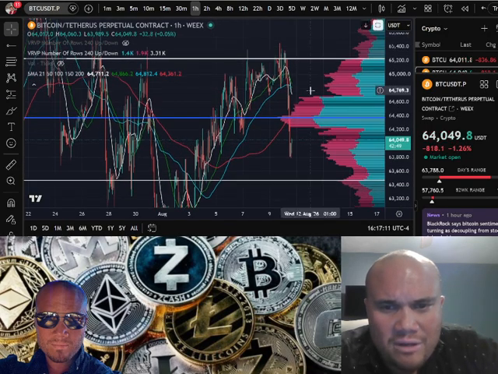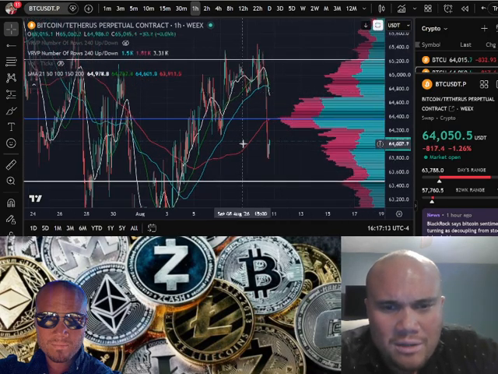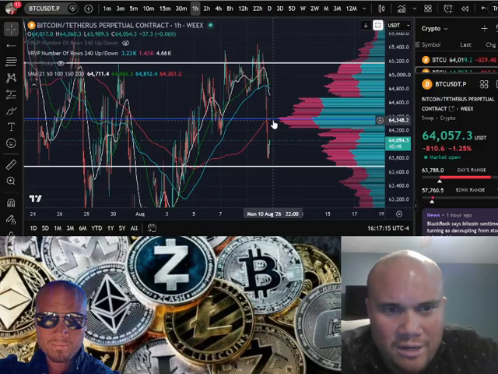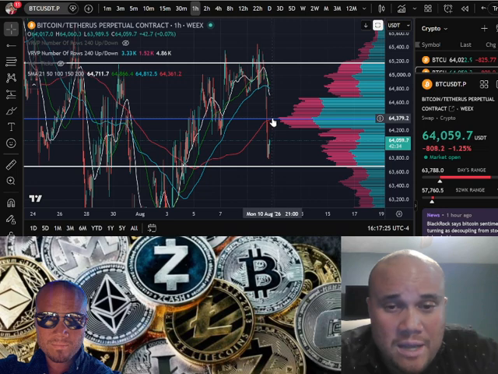And you can see that right now on the 1 hour time frame, the 200 moving average is right next to this point of control. We would expect that there would be some resistance here if we come back up there, because not only do you have this point of control blocking you from going up to higher prices, but you also got the 200 moving average, which would probably block you from going up to higher prices here.